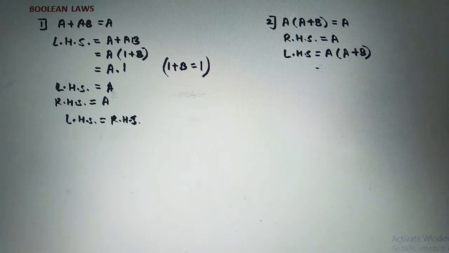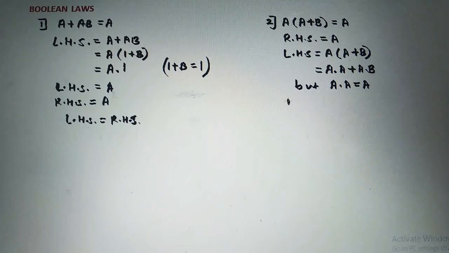Now according to the distributive law, we can write this as a dot a plus a dot b, but a dot a is equal to a according to AND law. So the left hand side is equal to a plus ab. Now if we take a common here, then it will be 1 plus b.